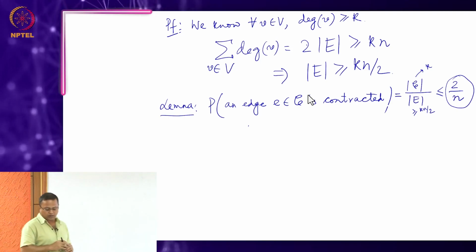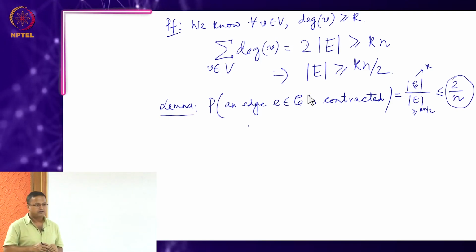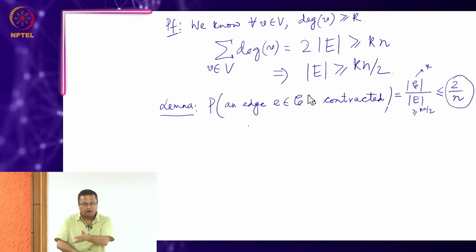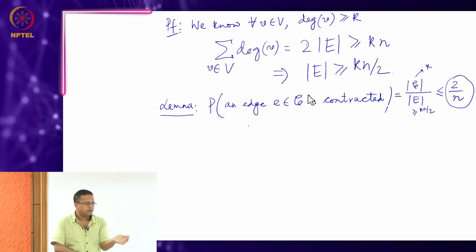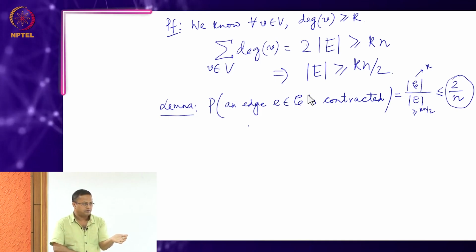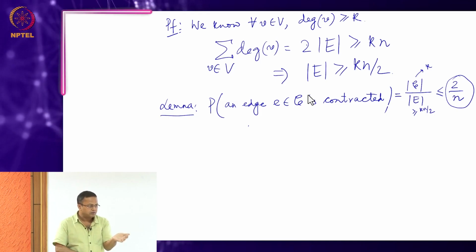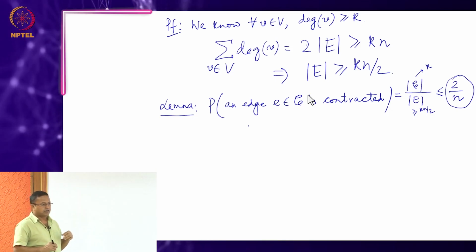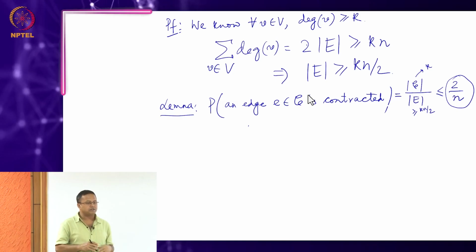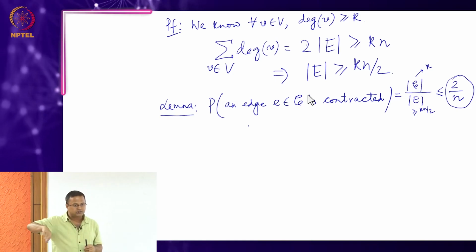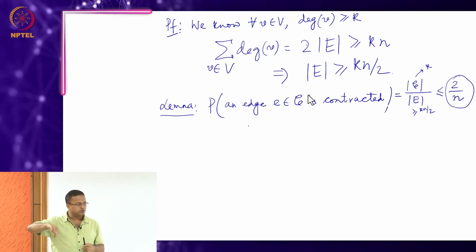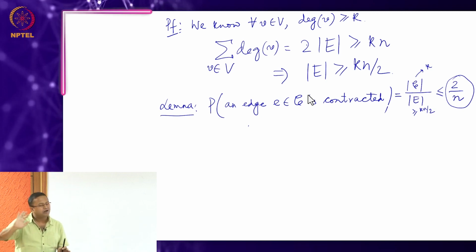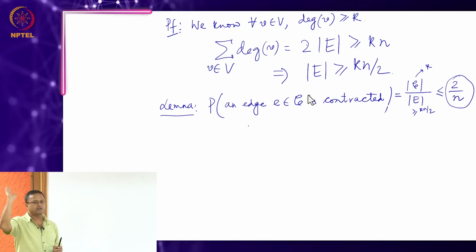So the probability that an edge of the cut is contracted in the very first instance is a very low probability event. As I go along, the number of edges keeps reducing and these probabilities keep increasing, but again I will show that they are not going to increase by too much.